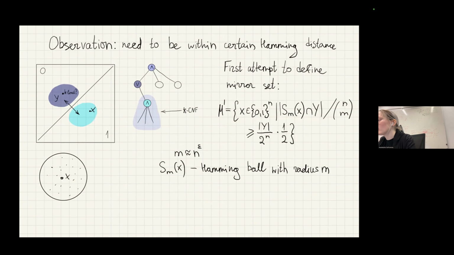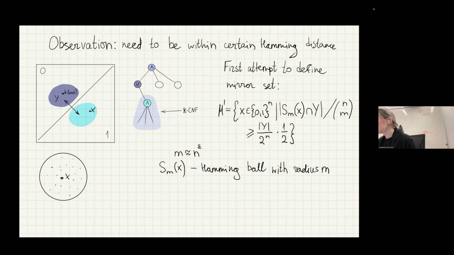I'm interested in the points such that if I have my Hamming ball intersected with Y, this is quite dense. The set at this point is quite dense in my Hamming ball. This is the size of the set of points from Y that get into the Hamming ball, and this is the size of the Hamming ball. And this is the density of Y in the whole Boolean cube. And I'm giving it some slack with this 1/2.